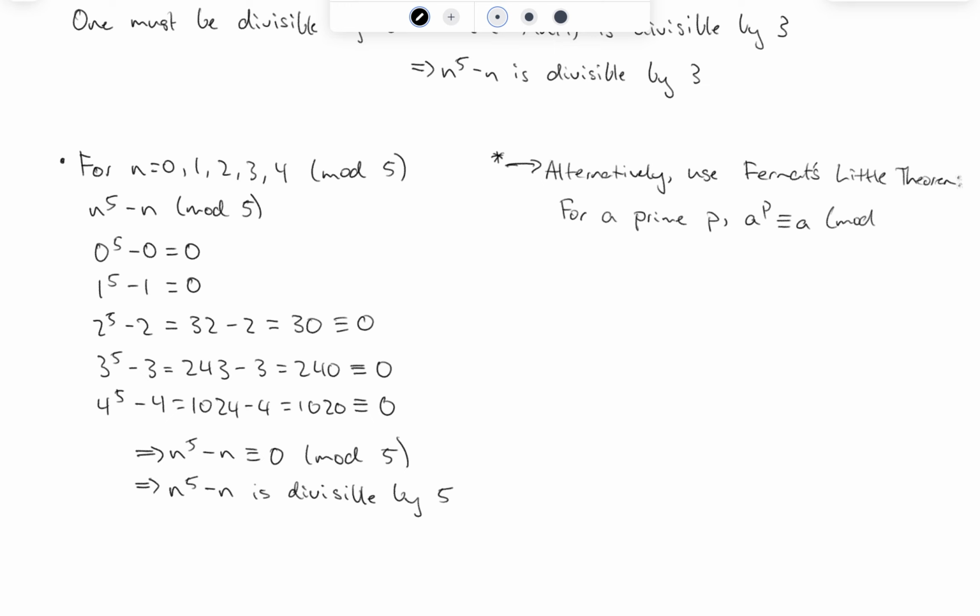That's just the theorem stated, where a is an integer. Okay.